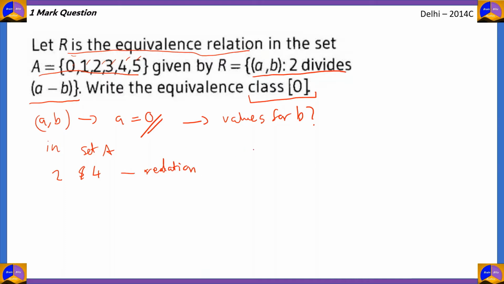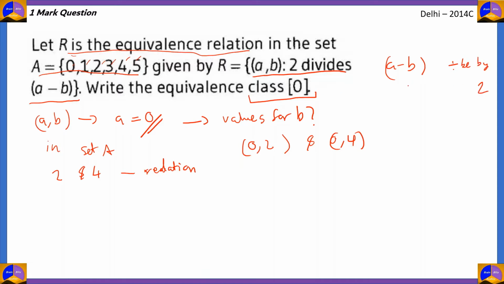Because when we take (0, 2) and (0, 4), a minus b is divisible by 2. So that means this is even.